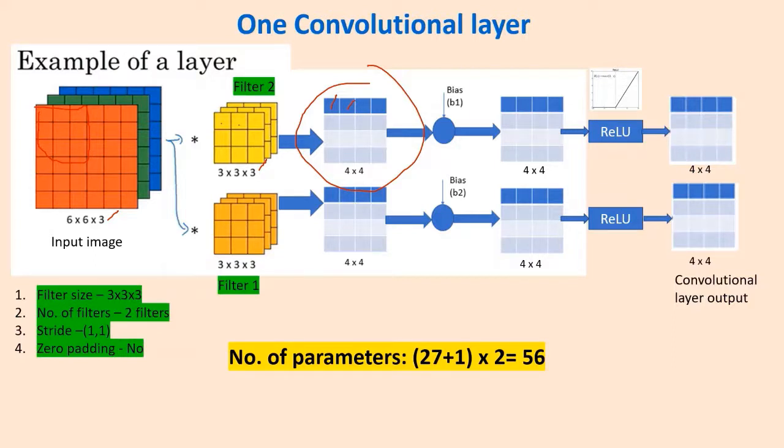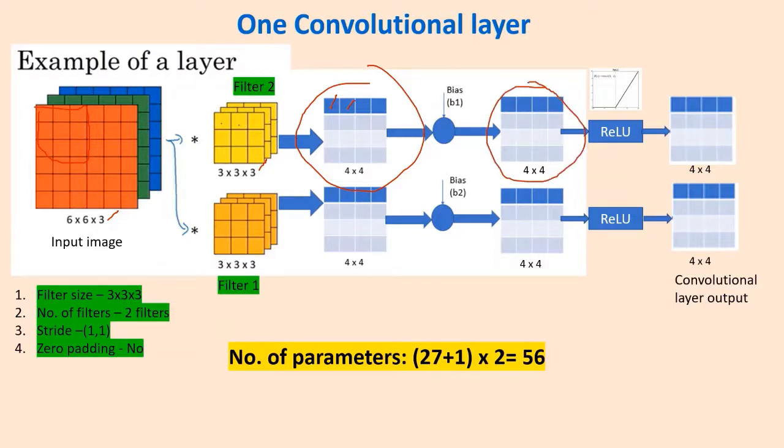After that, once you get a 4 by 4 matrix at the output of each convolution operation, you add a constant value, which we determine during the training process, to each of these, and you get a new output matrix of the same dimension.